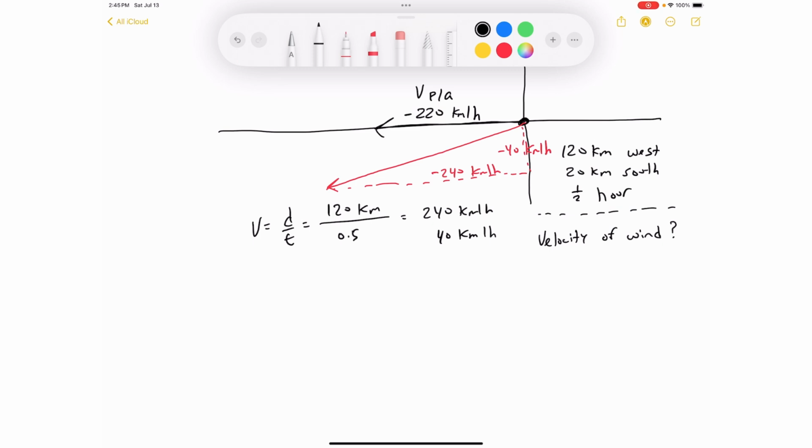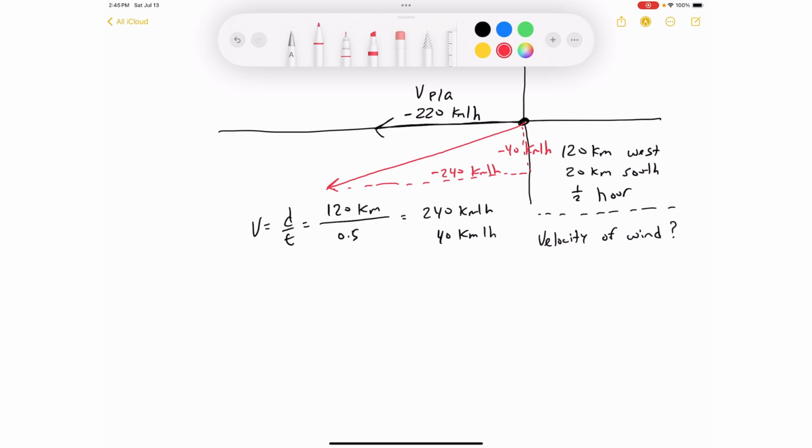So this black vector is the velocity of the plane relative not to the Earth, but to the air. When the pilot sets the instruments, it's not looking at the Earth. It's compared to the air around it. So that's the velocity of the plane relative to the air.